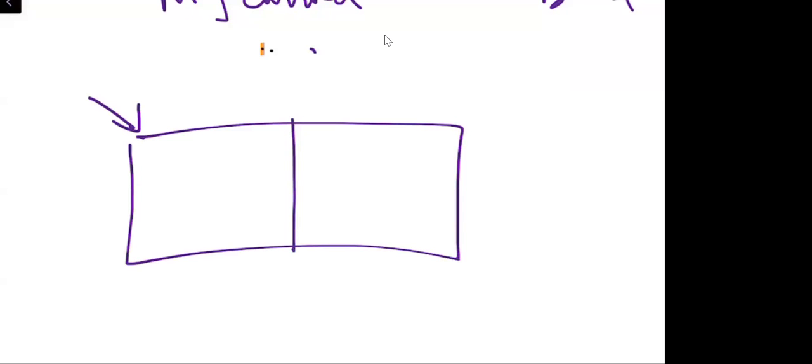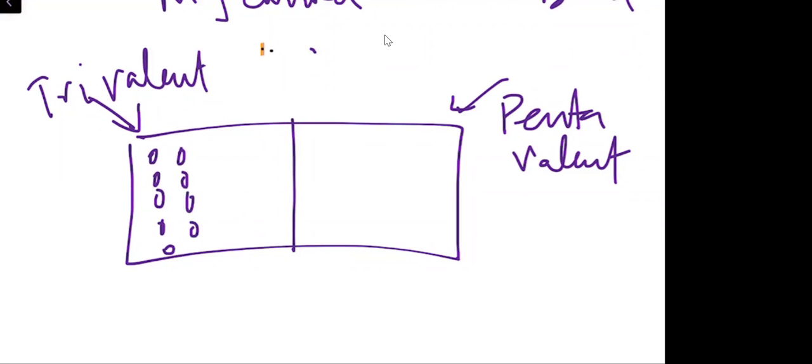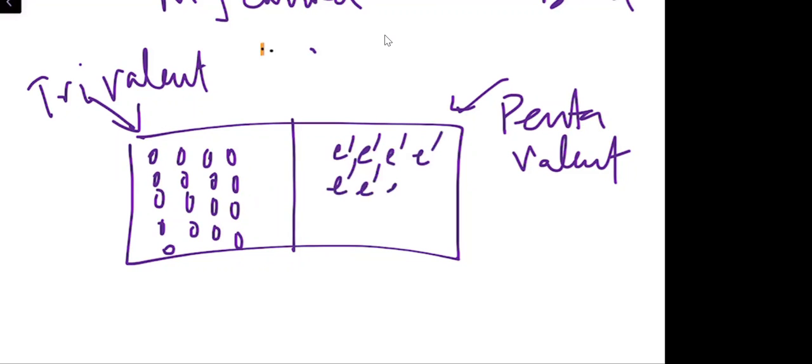If we have this block, and we add a trivalent impurity on this side and a pentavalent impurity on this side, then this side will have plenty of holes created, which means holes will be the majority carriers, and plenty of free electrons will be created on the other side, right?